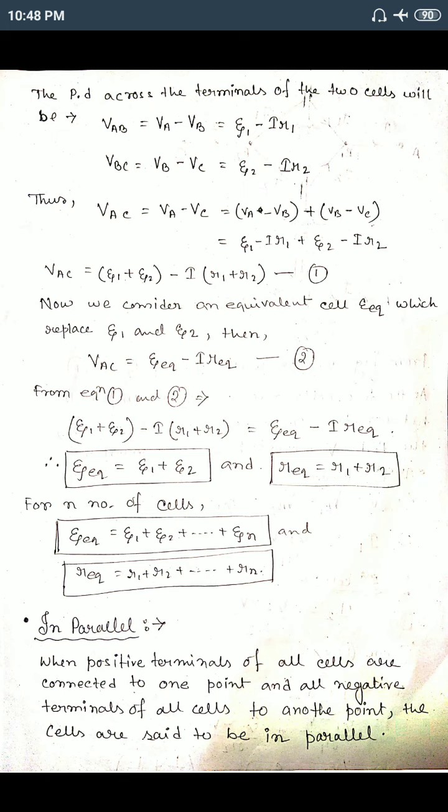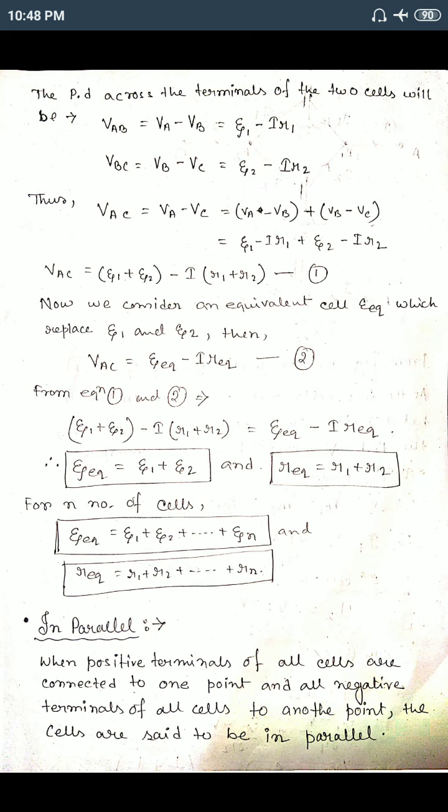So if two cells are connected in series, then the equivalent EMF is the sum of those two EMFs, and the internal resistance is the sum of the internal resistances of those two cells. If there are n number of cells, then up to En, we can add these terms for both cases, E equivalent and R equivalent. Clear? It is for the series.